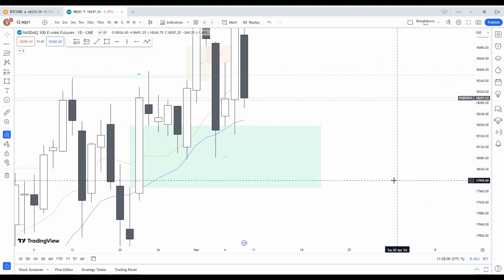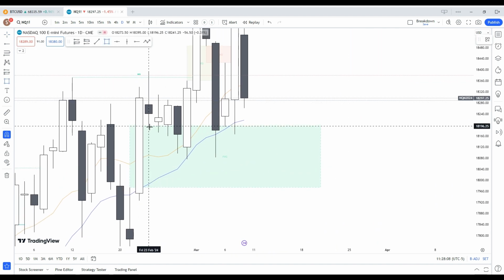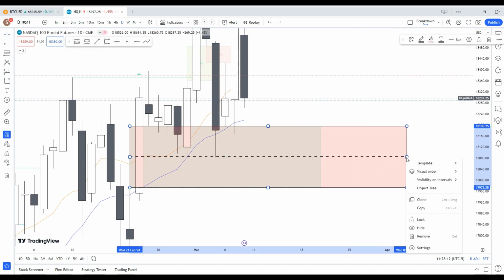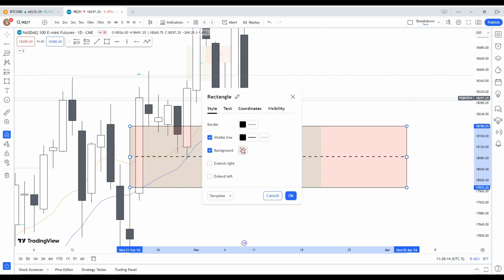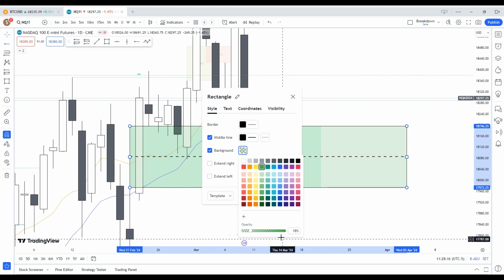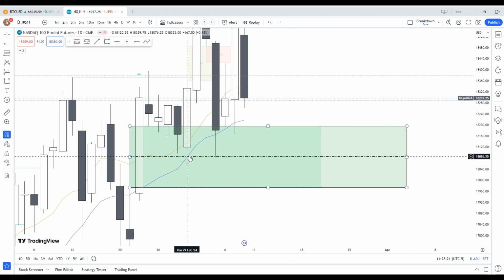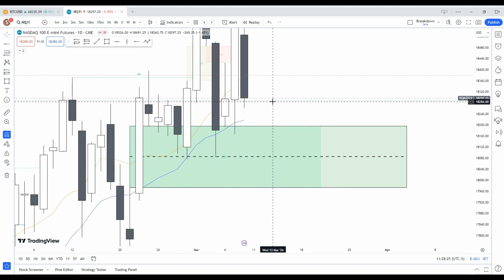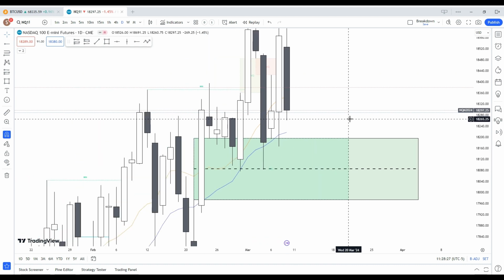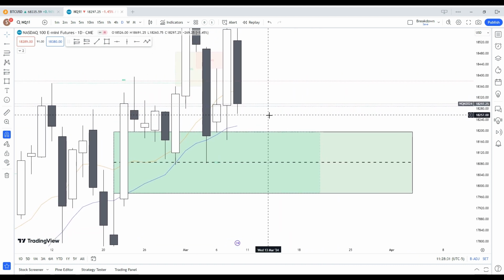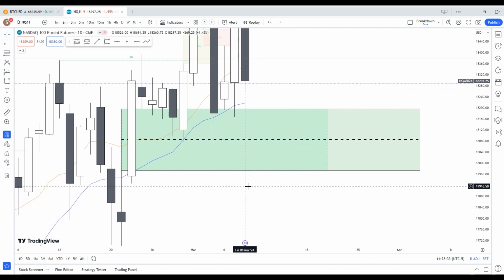So we have a bullish fair value gap, daily fair value gap right here. We've already come into the 50% twice and bounced. So I wouldn't be looking for anything short long term unless we break that.